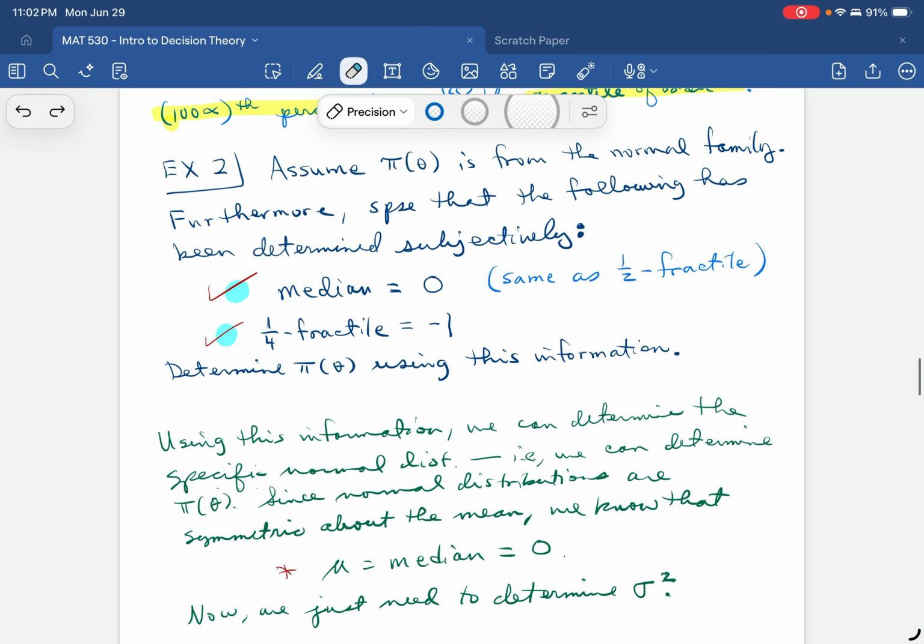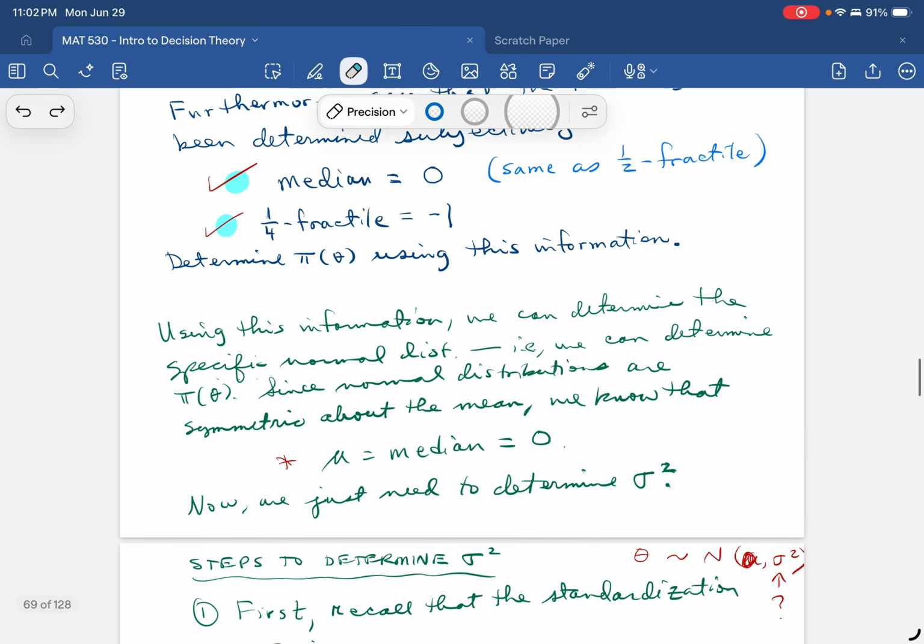And we can use a TI calculator, some other kind of technology. I'm going to go through the method which is more classic, where we transform into the standard normal, and then from there we could use, for example, a standard normal table, and then do the inverse transform to get back to where we started.